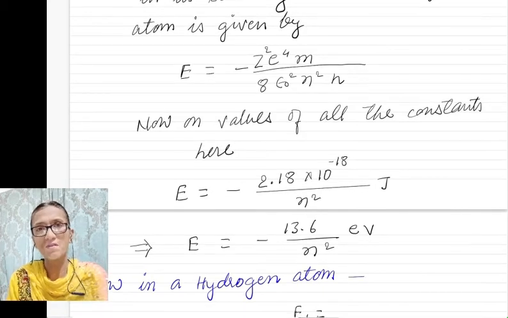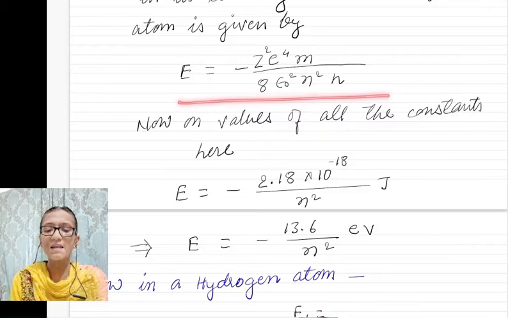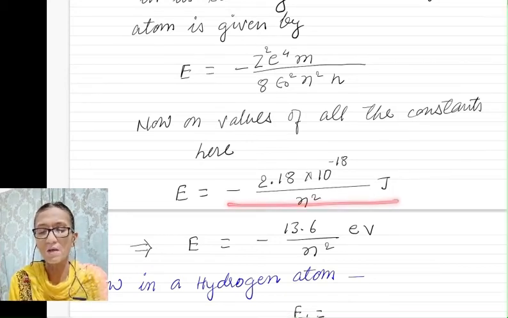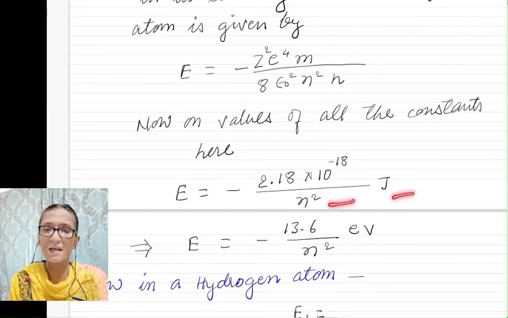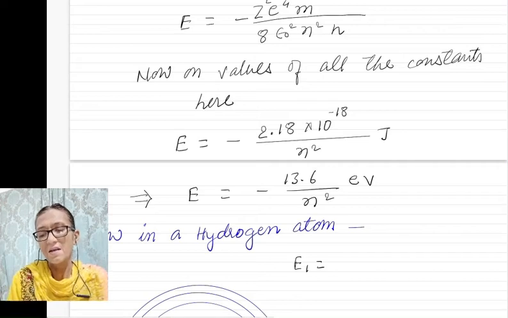When you put the values of all these constants in the expression, the energy of an electron revolving in a stationary orbit comes out equal to minus 2.18 into 10 to the power minus 18 divided by n square joule. Here n is the number of the orbit.